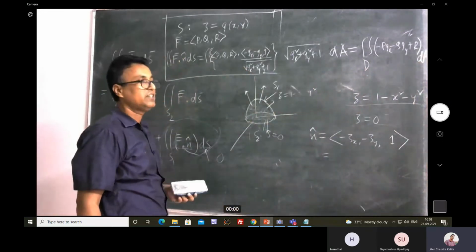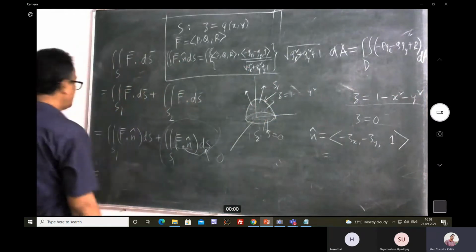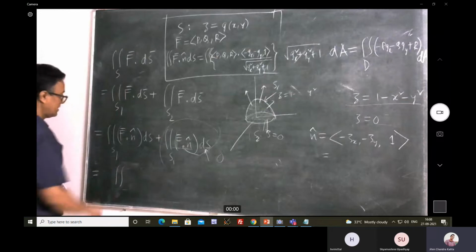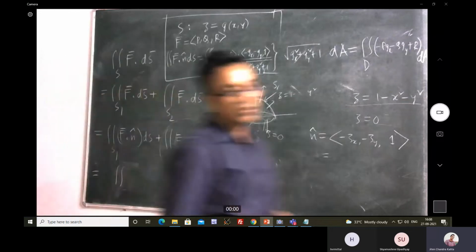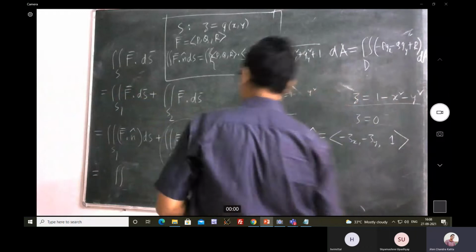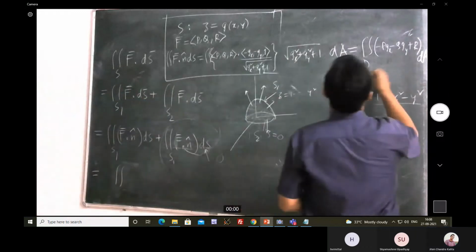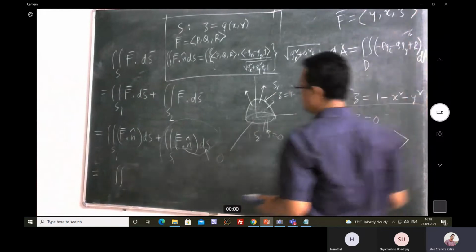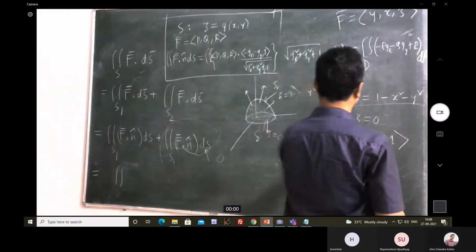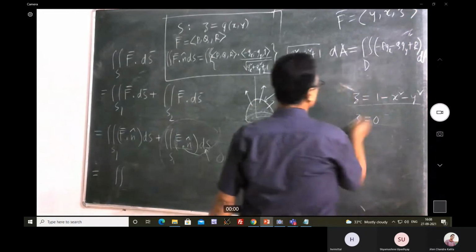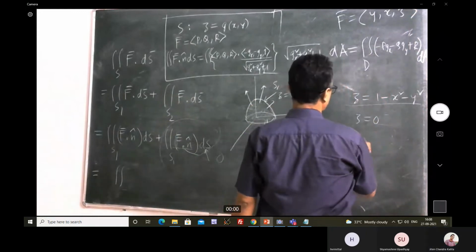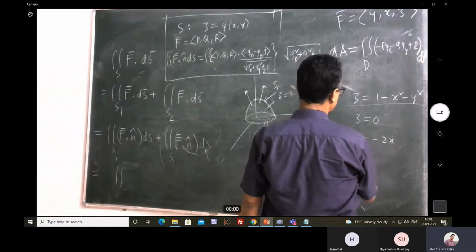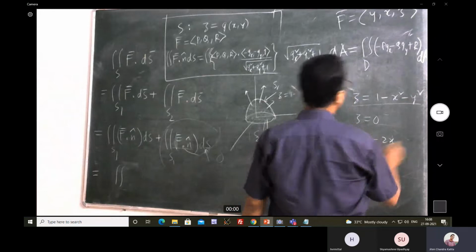Since this is 0, from here we can simply write it. F was yxj, and minus zx is simply minus 2x, minus zy equal to minus 2y.